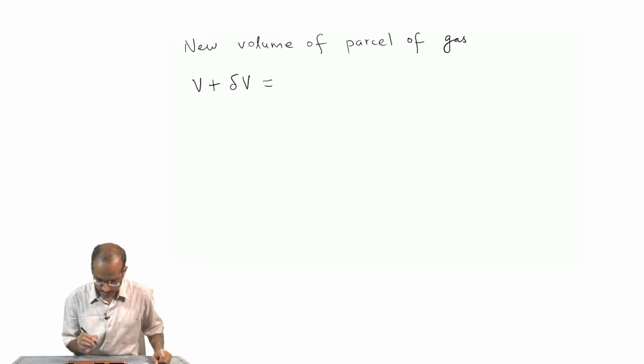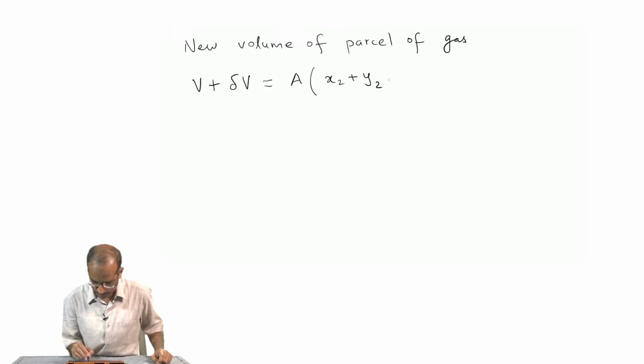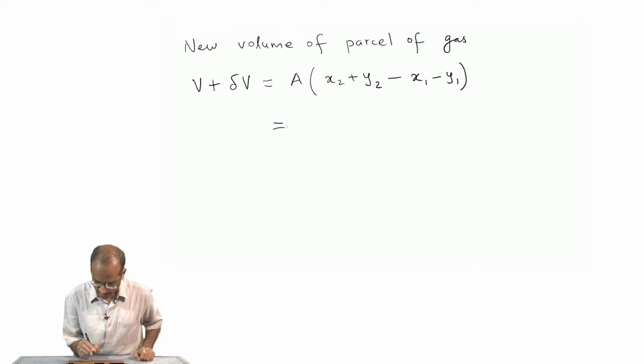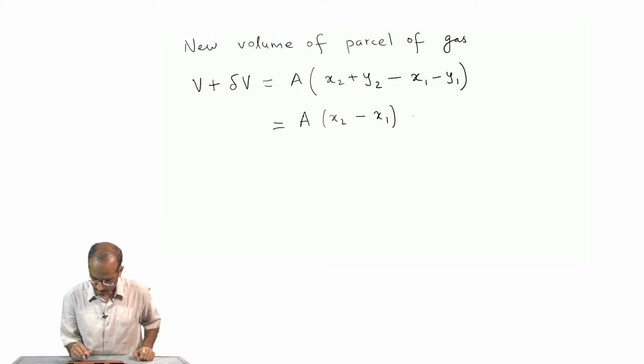Now this new volume would be A into x 2 plus y 2 minus x 1 minus y 1, and this can be written as A into x 2 minus x 1 plus A into y 2 minus y 1.